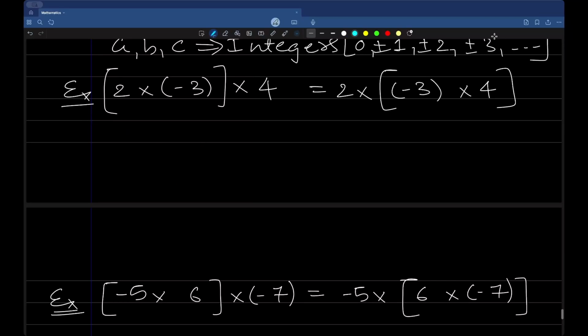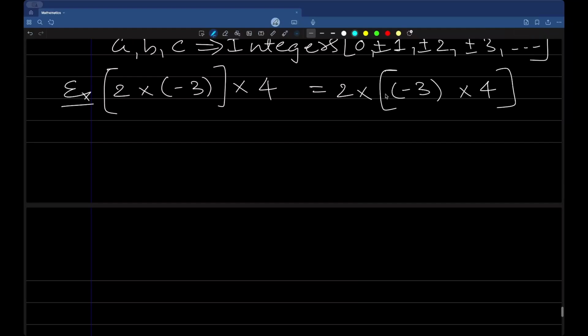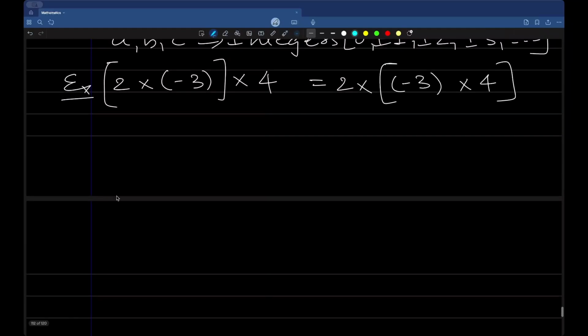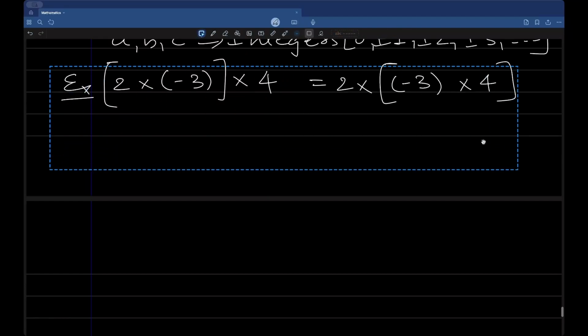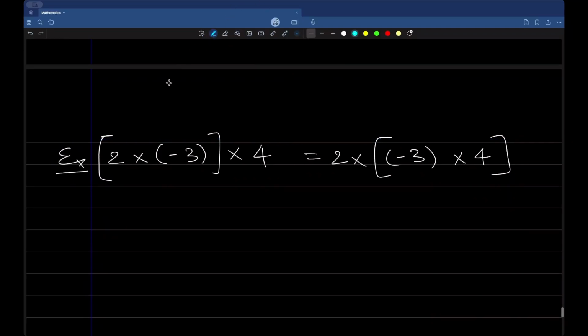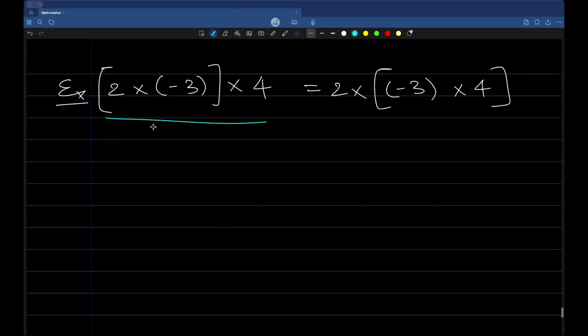Now let's solve for LHS. We have LHS equals (2 into minus 3) into 4, equals 2 into minus 3.